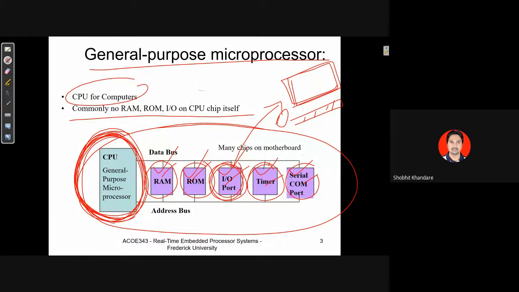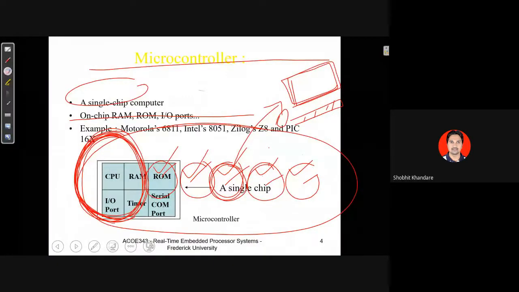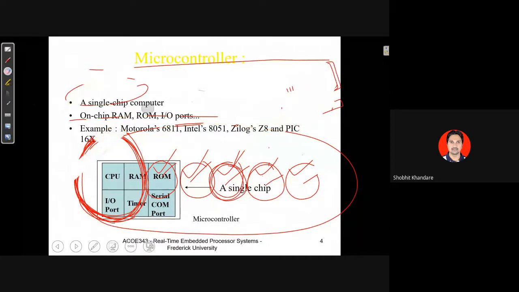Now if I tell you these things separately, then see here now.